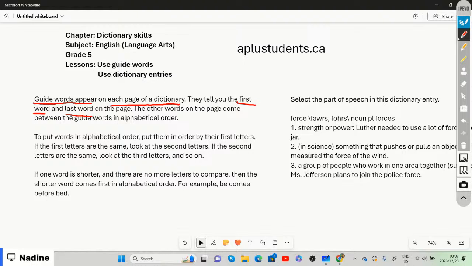This is now within your dictionary. All the other words on the page come between the guide words. So if your guide word, for example, is force, right?